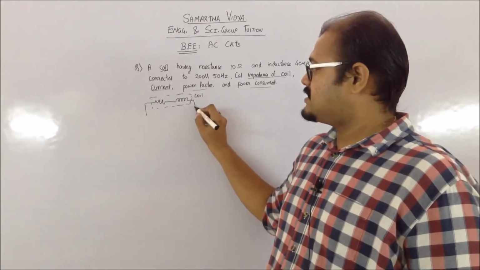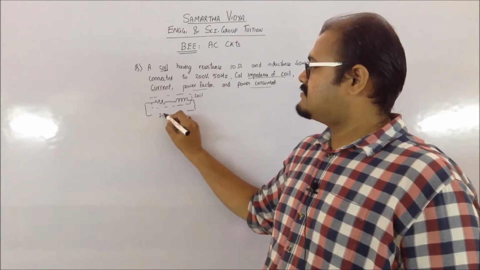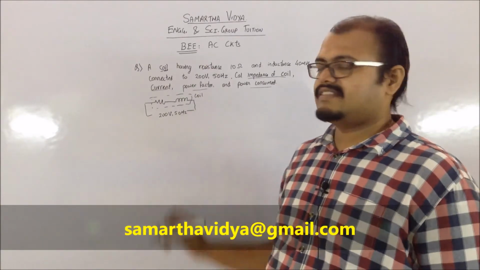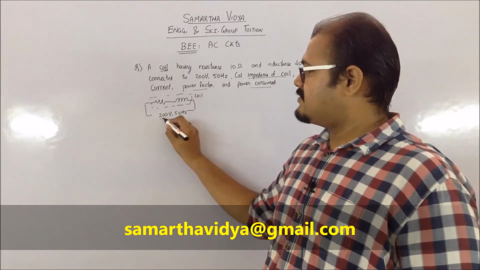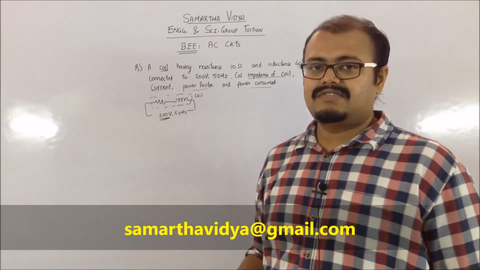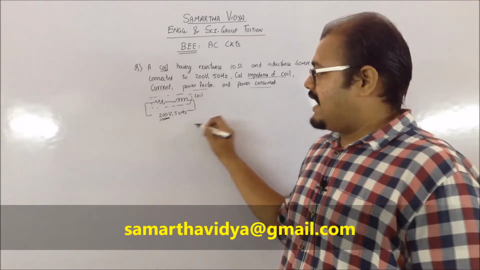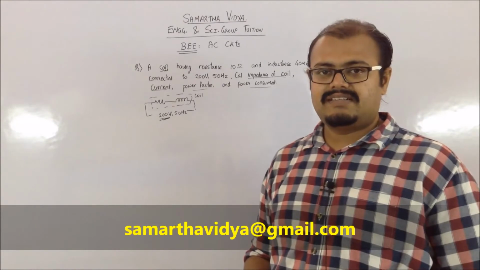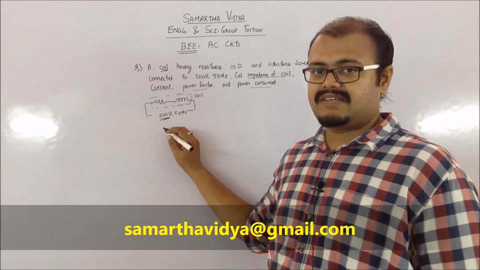This particular coil is given to a supply of 200 volts and 50 hertz. So obviously it's an AC voltage which is being provided over here. Now the voltage which is mentioned over here is basically the RMS value of your voltage, unless it is mentioned like VPP or V peak to peak, then it should be assumed that it is going to be my RMS value.